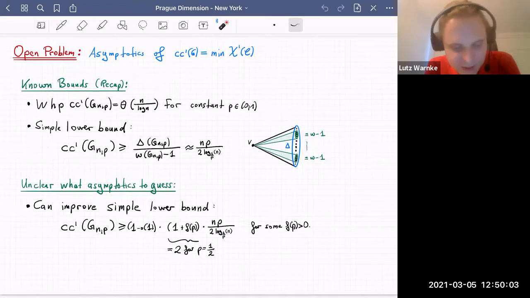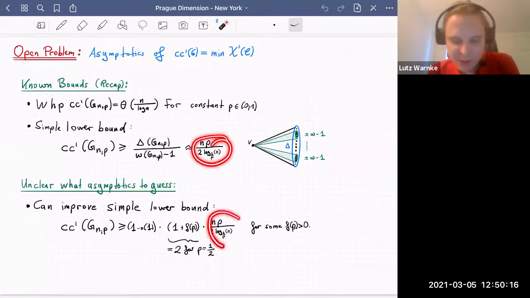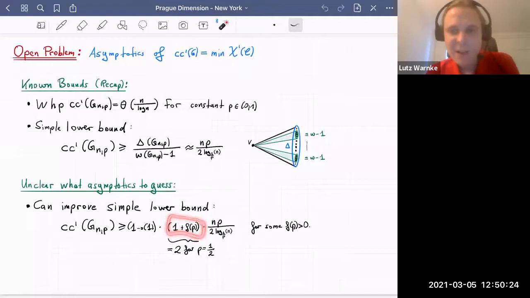But then we realized that you can actually improve this bound a little bit. And so, for example, for p equals 1/2, we can add an extra factor of 2 to this bound. Okay, so what this bound is saying is the same bound as above, plus some extra factor 1 plus f of p for some f of p bounded away from 0. And this is actually equal to 2 for p equals 1/2. So you can do twice as good as this lower bound.